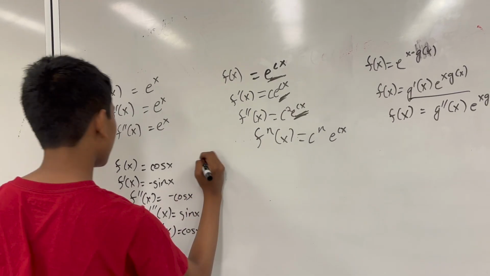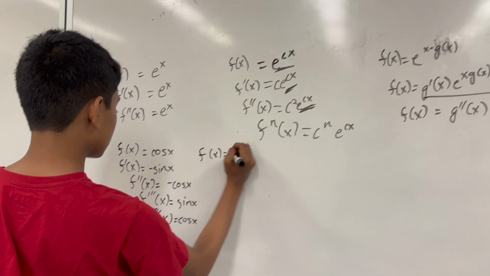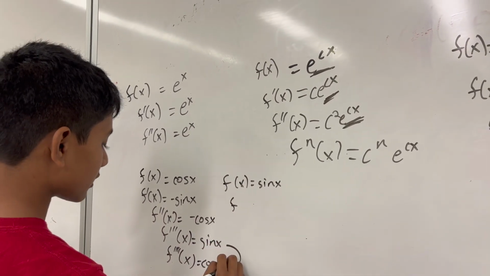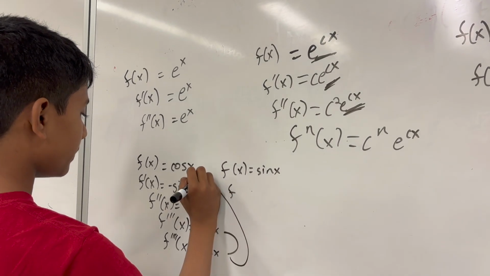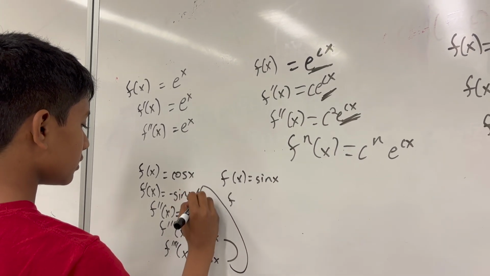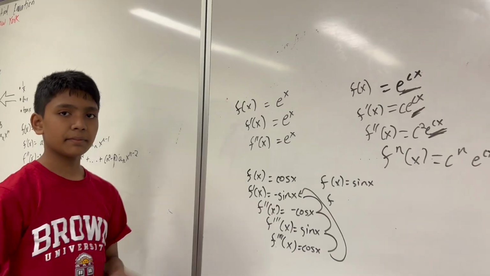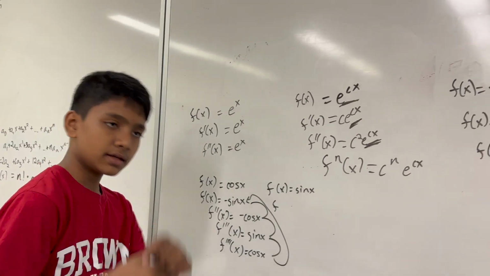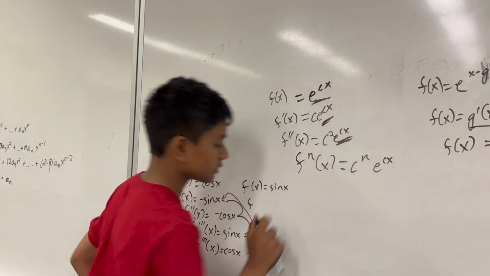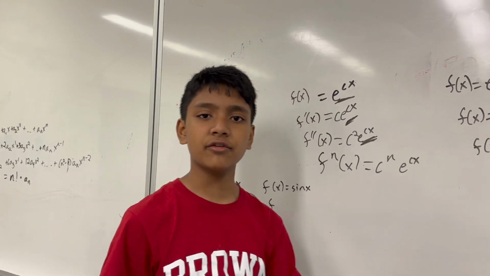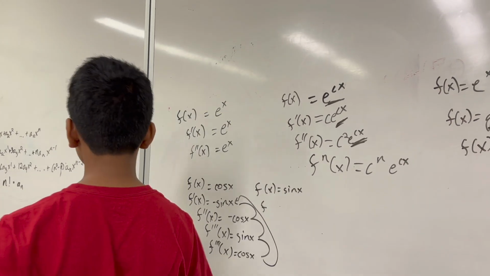And in the same way, if f of x starts out being sine x, you can see the pattern go on over here. We loop back around, and then it takes 4 steps again for us to get back to sine. And if we put any coefficient in here, it still holds true, but not if we put a whole function, sine of f of x, in there. So, all right, that's our limits.